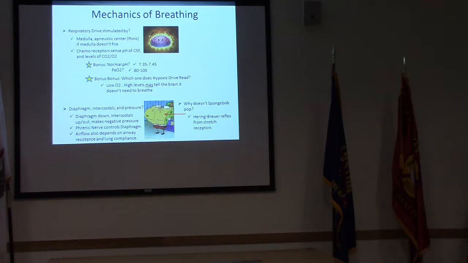Now we have the Hering-Breuer reflex, which doesn't allow us to overinflate or overexpand our lungs. From the stretch receptors, it'll say, okay, that's enough, no more air can go in, stop breathing. The passive form of breathing is our exhalation. The diaphragm basically relaxes, and then air will rush out.